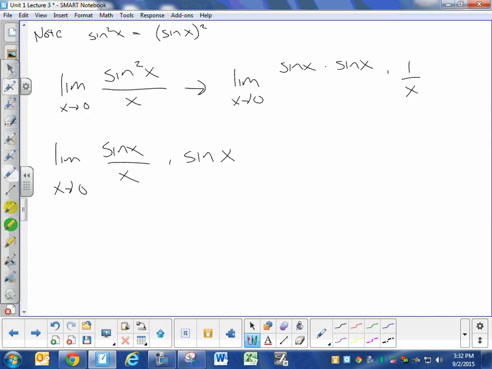We have two different functions. We could take the limit of each one. The limit of this first one is 1. For the second one, I would have to plug in 0. Sine of 0 is 0. So this would be 0. Which gives me the answer of 0. Okay? It's all just kind of manipulation, moving things around to get what you want.